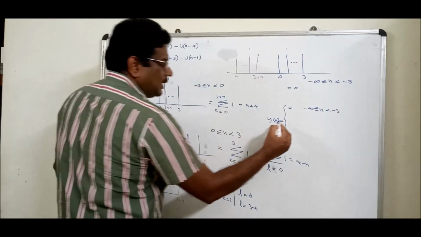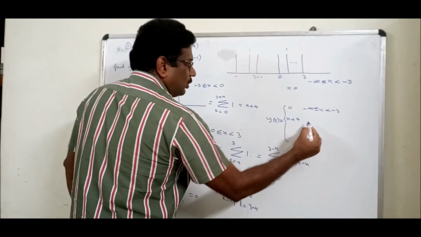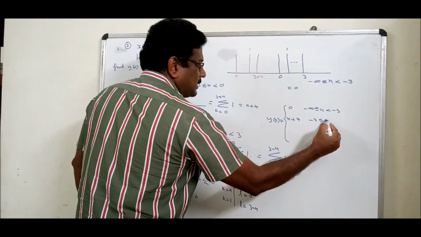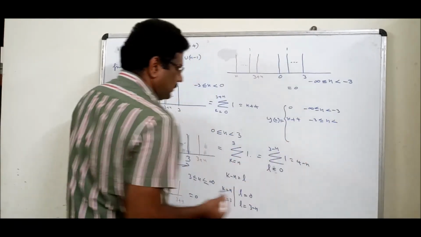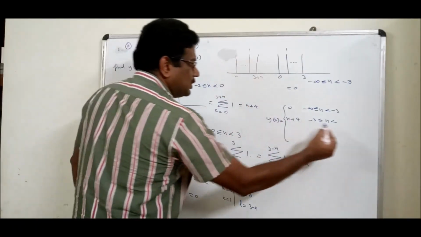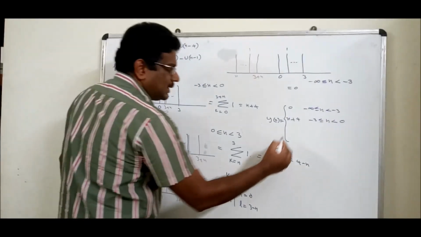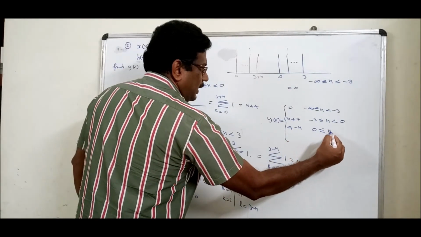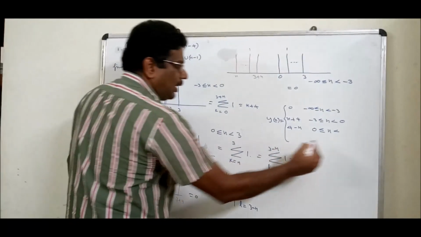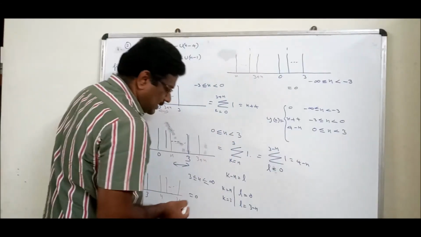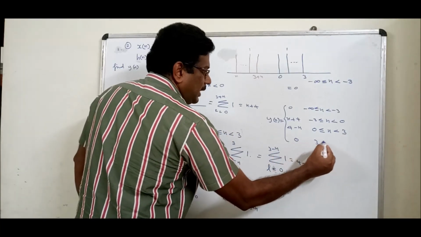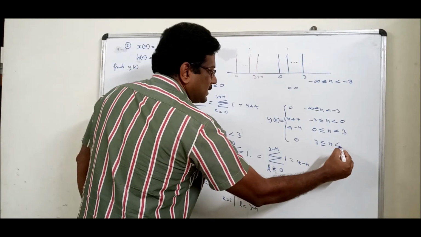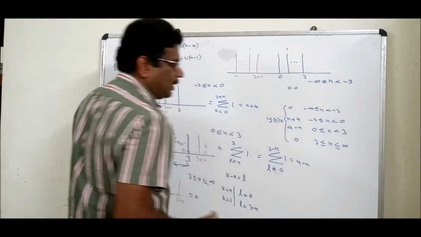What about the next? n plus 4, where minus 3 less than or equal to n less than, up to where? Here, 0. What about the next answer? 4 minus n, 0 less than or equal to n less than, what about here? 3. What is the next answer? 0, 3 less than or equal to n less than or equal to, because infinity is not an issue.